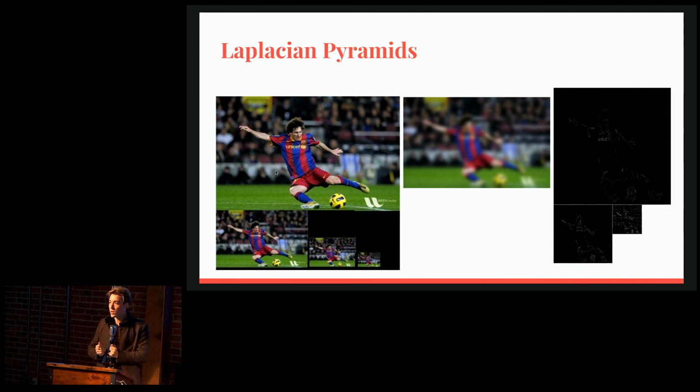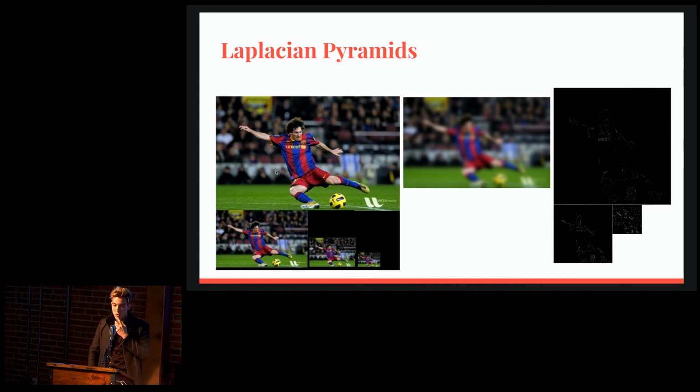Then you can upsample those, blow them up and keep blowing them up, and take the differences. So you end up with a base image, which is your most blown up thing, and then a hierarchy of differences, like the difference between the fourth layer sampled down and the fourth layer sampled up.